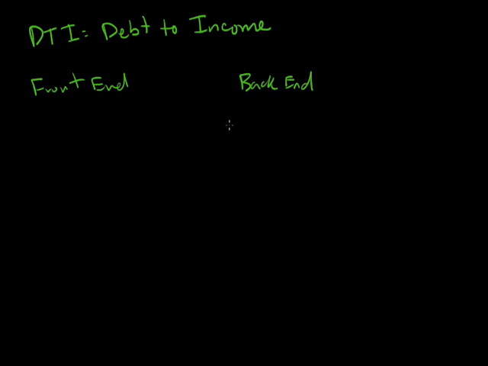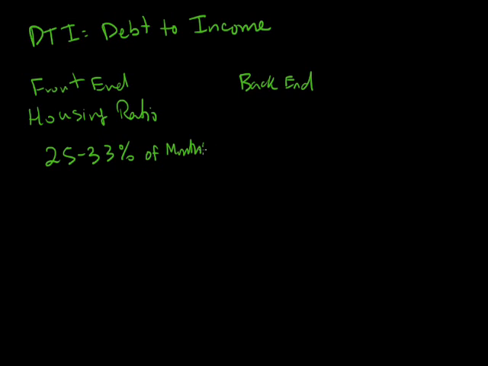So let's first talk about the front end ratio, which is also your housing ratio. In short, it's the percentage of your total monthly gross income that can be used for your housing payment. Normally, you're talking about 25 to 33% of your monthly gross income.